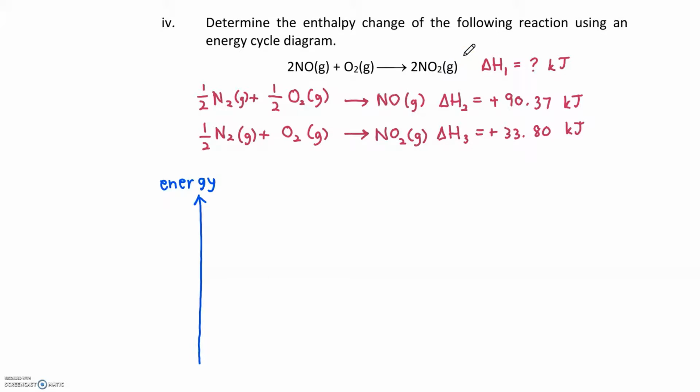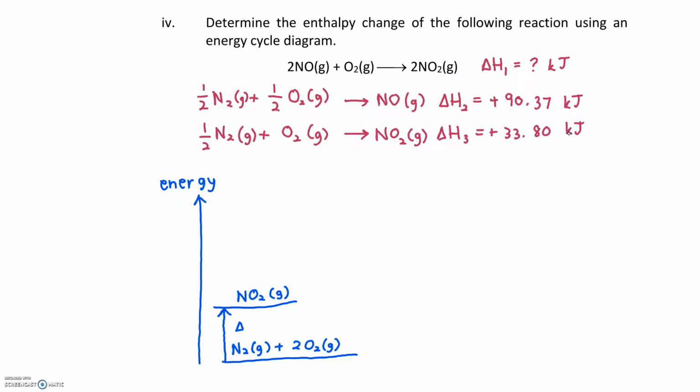So let's multiply everything with 2 because it is a positive reaction, a positive delta H. We will go up, so the reactant will be N2 gas and 2O2 gas to produce NO2 gas.